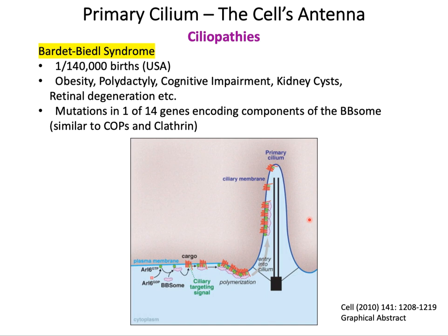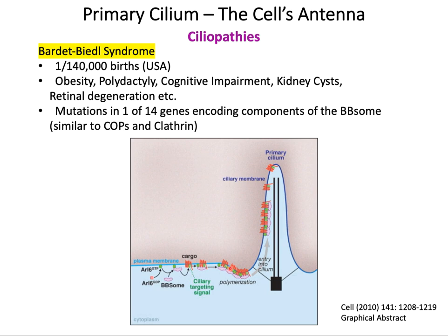So in the case of a primary cilium in the olfactory bulb, this would be receptors that would detect odorant molecules. In the case of kidney cells, it would be the PKD1 and the PKD2, which produce the PC1 or the PC2 proteins. In the case of rods and cones in the eye, it might be the receptor that is going to detect light, such as photoreceptors.